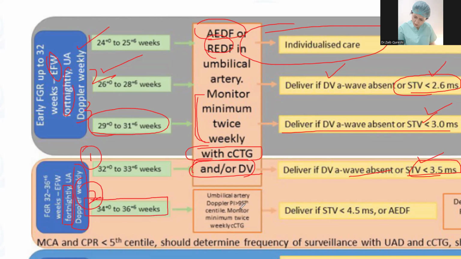umbilical artery Doppler, if pulsatility index is more than 95th centile, we will monitor again twice weekly, only CTG, because this is almost close to term. We will deliver them if their STV analysis is less than 4.5 millisecond or absent end diastolic flow.